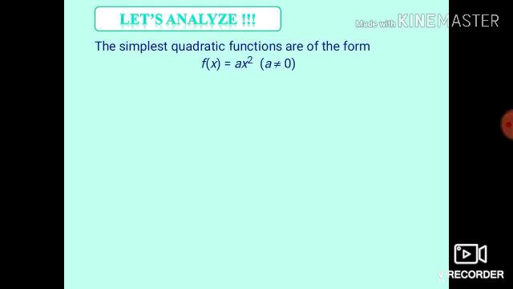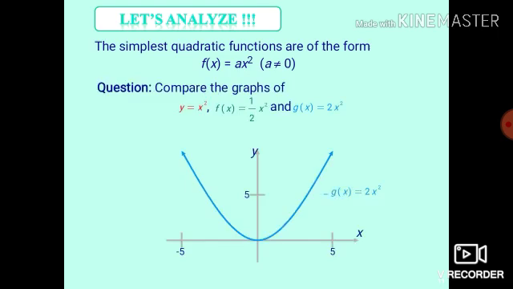The simplest quadratic functions are of the form f(x) equal to ax squared, and a not equal to 0. They are more easily graphed by comparing them with the graph of y equal to x squared.